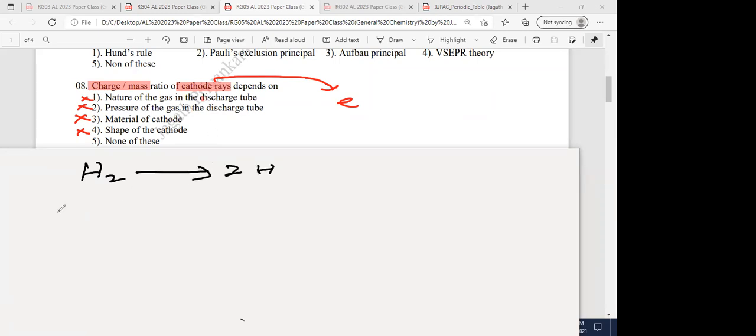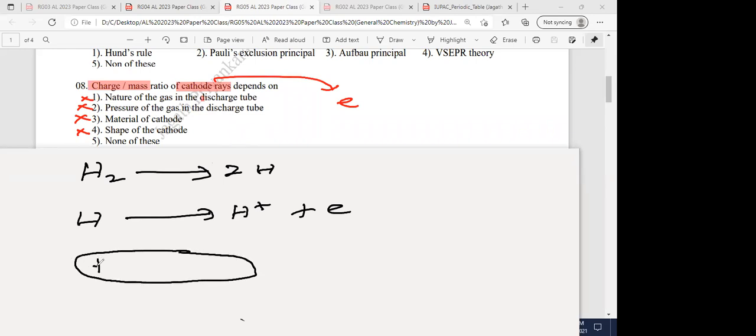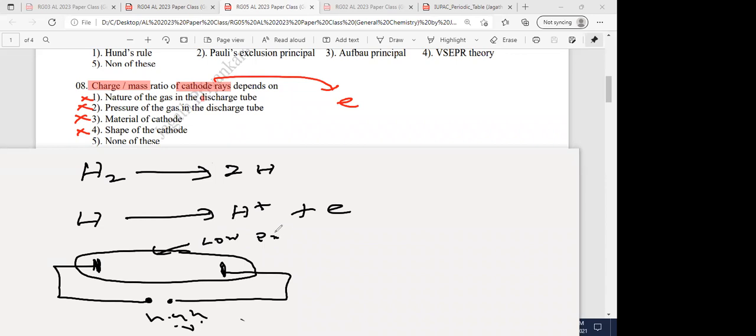Then the hydrogen atoms are ionized, the bond between the 2 hydrogen atoms is broken, and it becomes H plus and electron. Then in the cathode ray tube, with the anode and the cathode, you apply high voltage across the 2 electrodes and reduce the pressure inside the tube, low pressure. What are the 2 particles inside? You have H plus and electron.